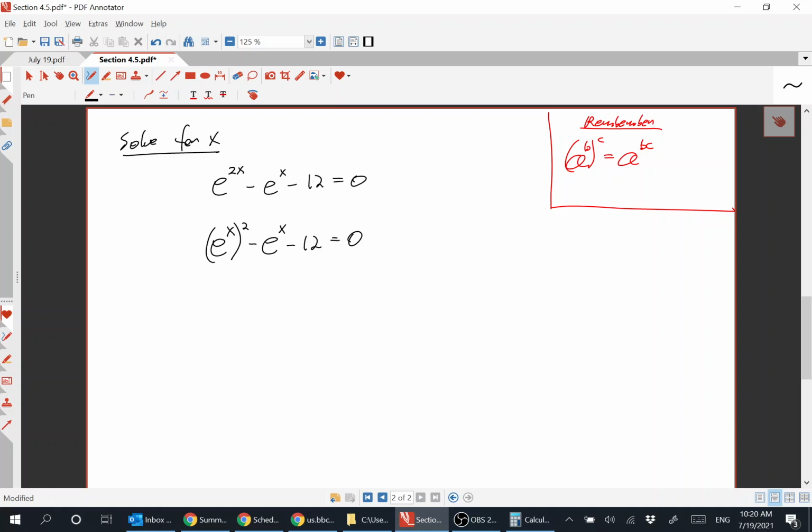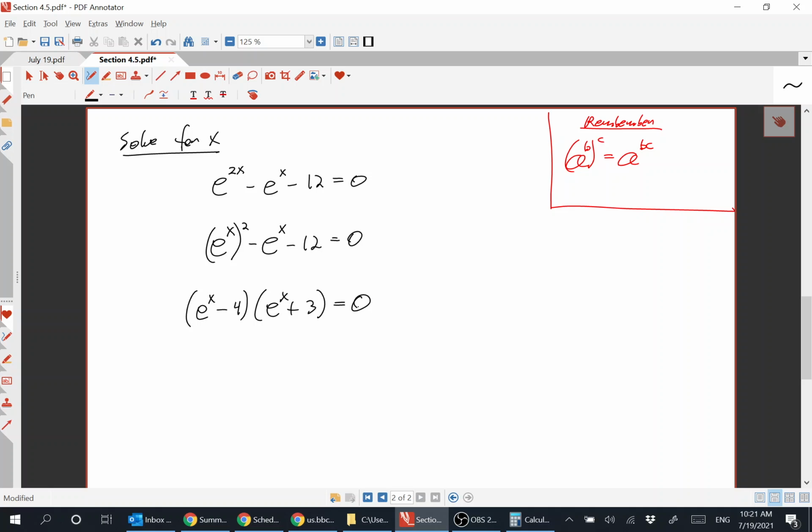So I've got a quadratic equation. My variable isn't x, my variable is e to the x. But I can still attempt to factor this. So this would be e to the x minus 4 times e to the x plus 3 equals 0.